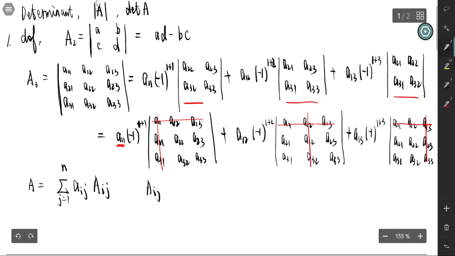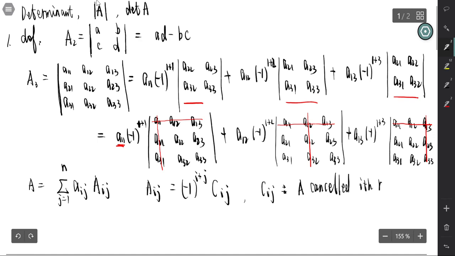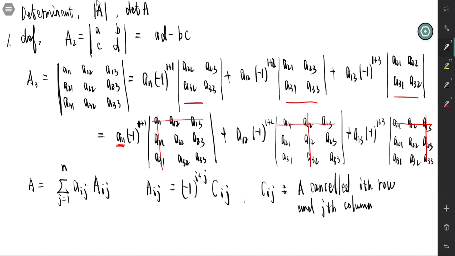The C_ij is the determinant when we cancel the ith row and jth column, the remaining determinant.